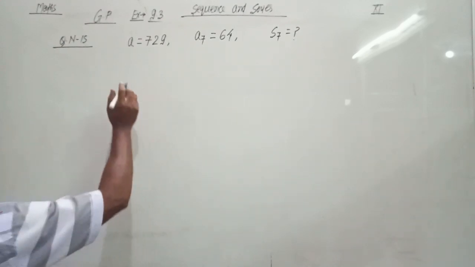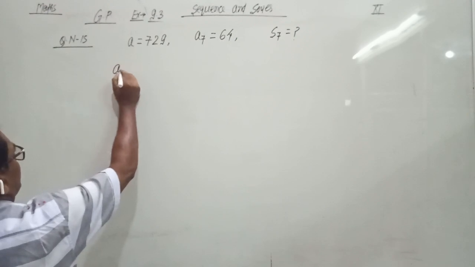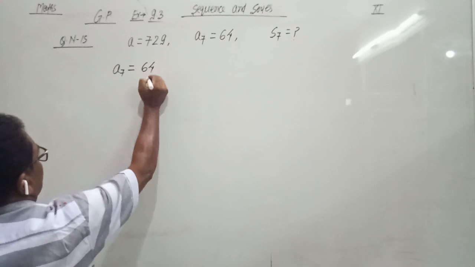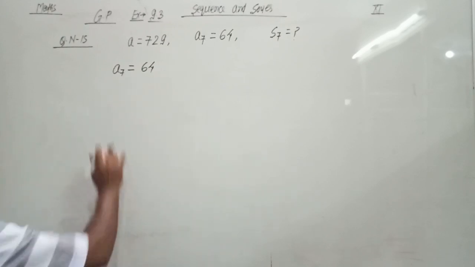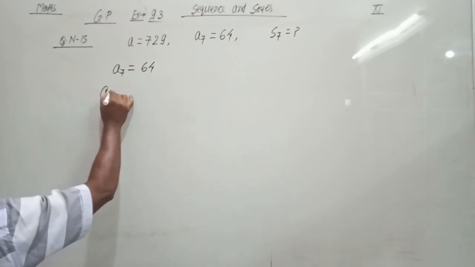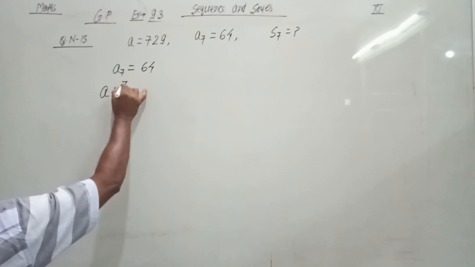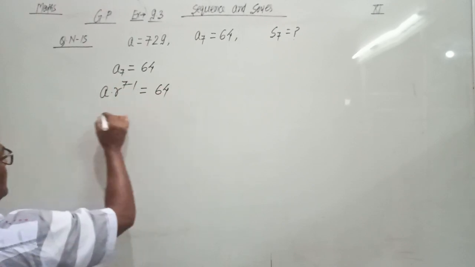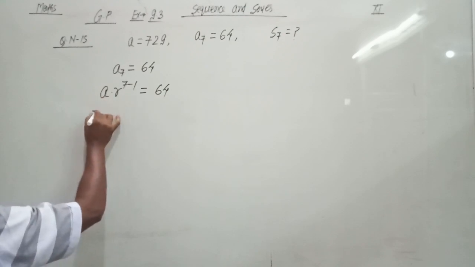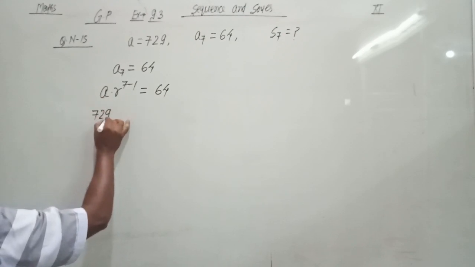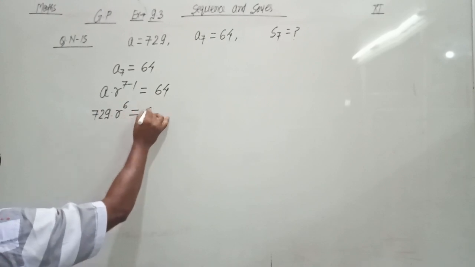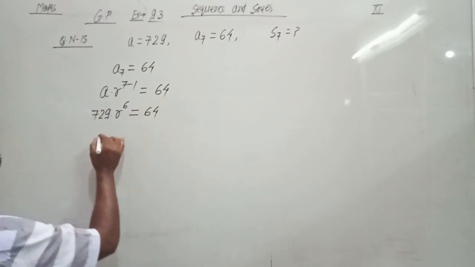So A7 equals 64. A7 means A into R raised to the power 7 minus 1 equals 64, and the value of A is 729, so 729 into R raised to the power 6 equals 64.